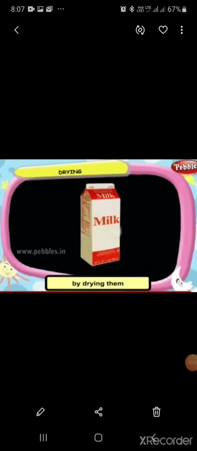The third method of preserving food is drying. Drying is a method to remove water content from the food. Drying can be done by keeping the food in the sun.